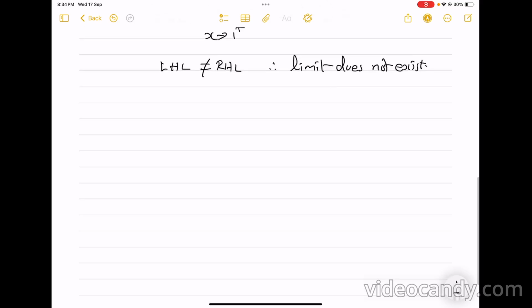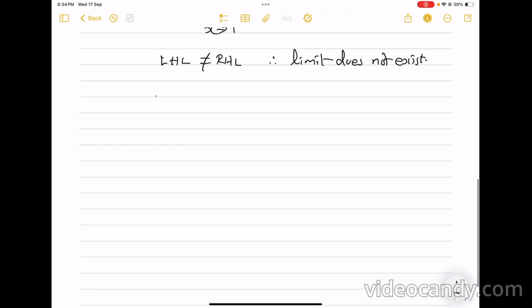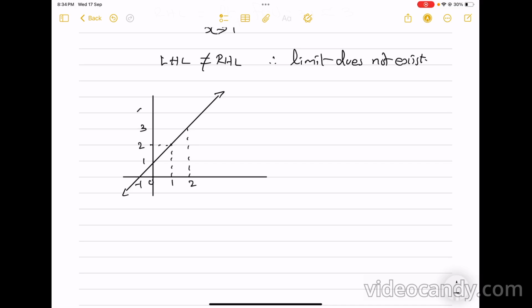Next, about continuity. If the function is like this, with values minus 1, 0, 1, 2 and 1, 2, 3, 4, going like this.